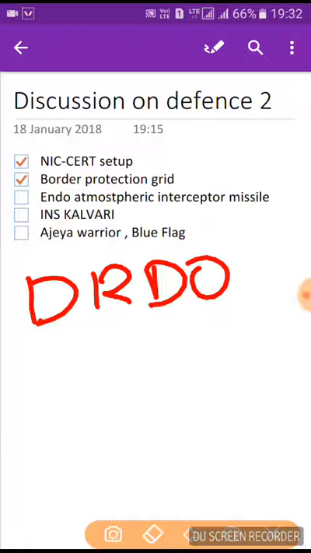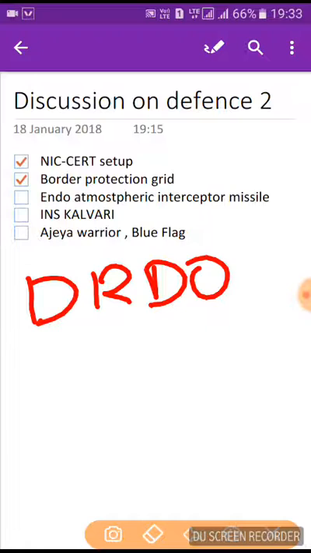India is developing a functional ballistic missile defense comprised of endo and exo. India has previously developed exo, and this is endo.